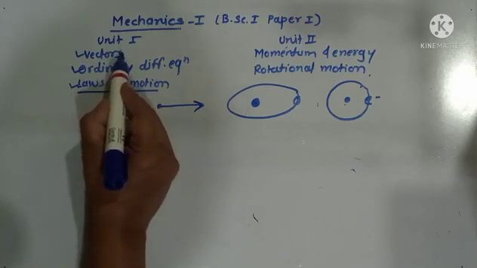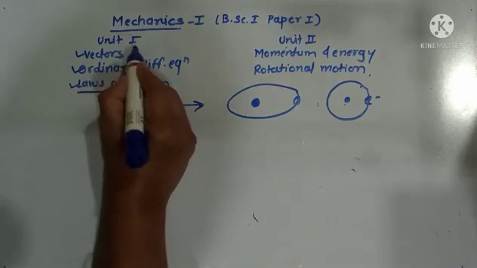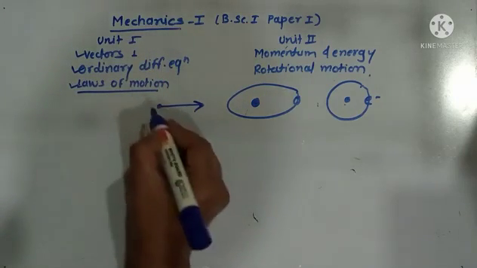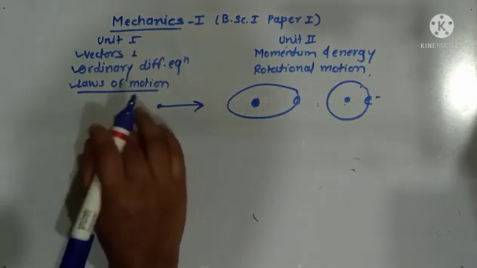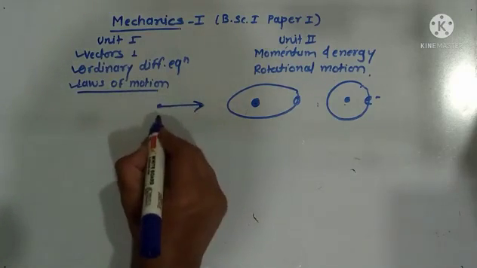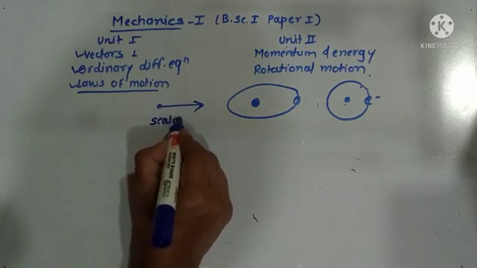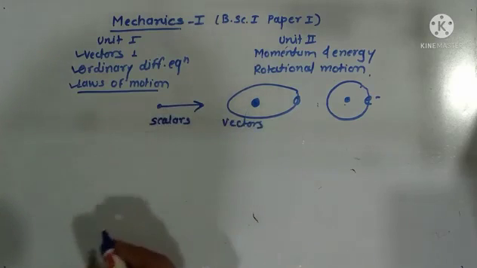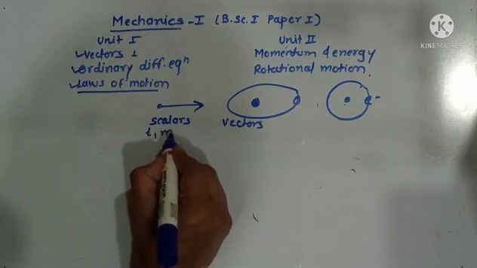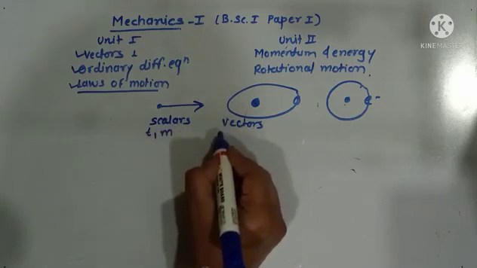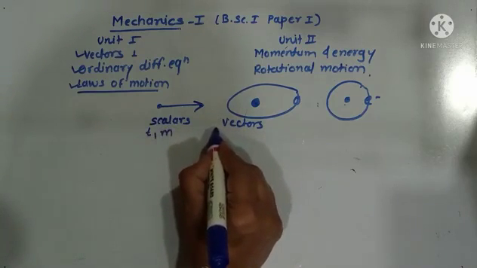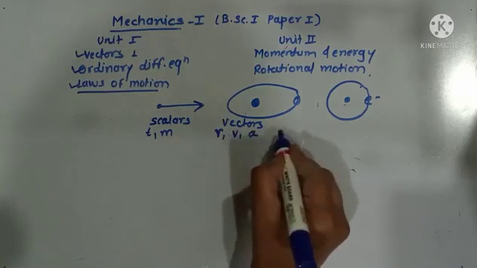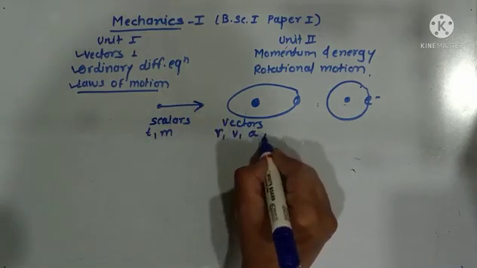So in part 1 of unit 1, we are going to deal with the vectors. In physics there are two kinds of physical quantities: some are scalars and some are vectors. Temperature and mass are scalar quantities, whereas displacement r, velocity, acceleration and force are vector entities.